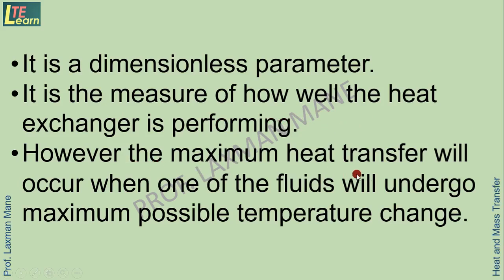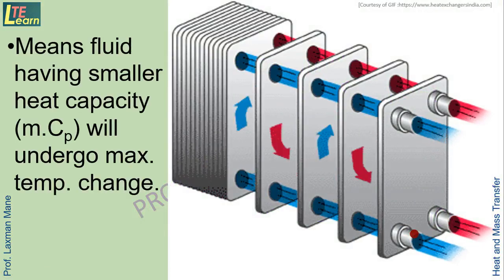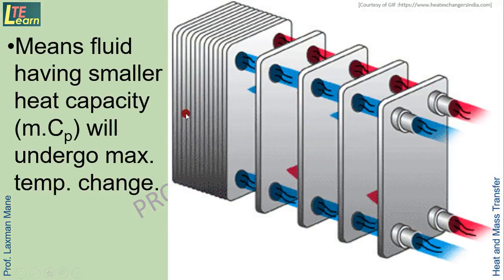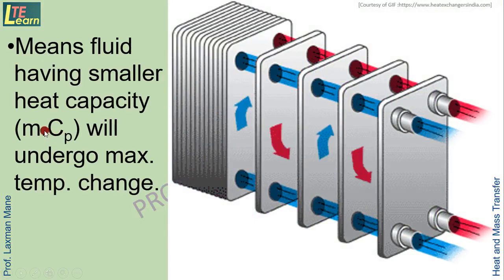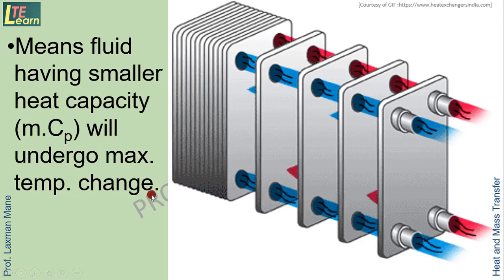However, the maximum heat transfer will occur when one of the fluids, means hot fluid or cold fluid, will undergo maximum possible temperature change. Means the fluid having smaller heat capacity, means product of mass flow rate and specific heat, will undergo maximum temperature change.